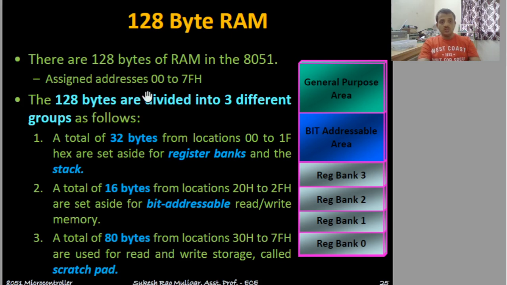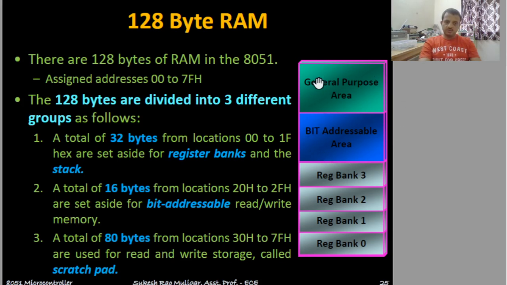So how are these locations, 00 to 7F, grouped? These 128 locations are grouped into 3 parts. First is the register banks: register bank 0, 1, 2, 3, one set of locations. Then a bit addressable area.